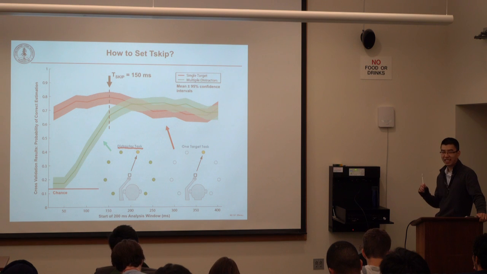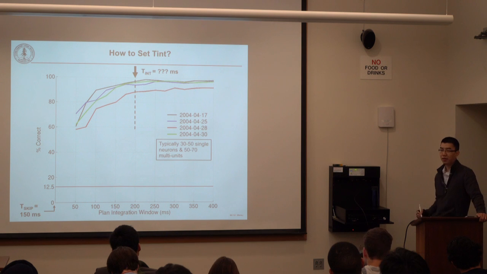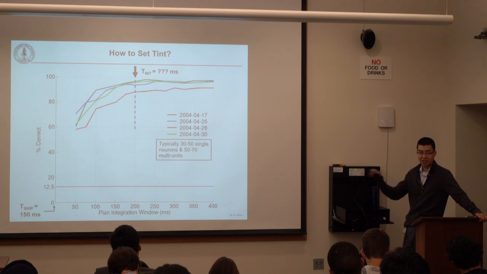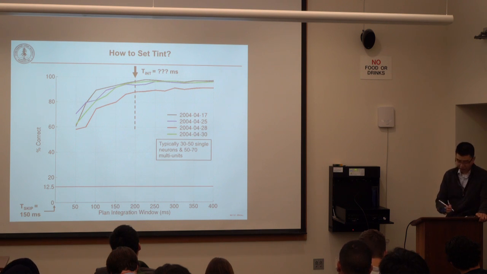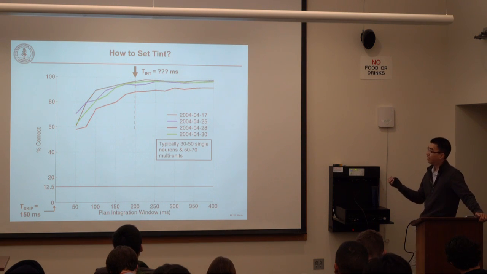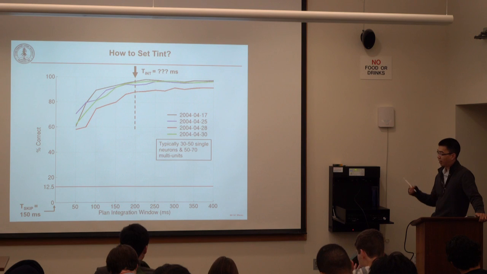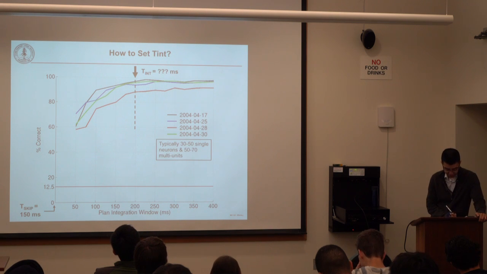Any questions on this slide? All right, now that we have t-skip set, which is just skipping the first 150 milliseconds of data because during that time the monkey has not yet formed a plan, now we can set t-int. This is a plot that you're actually going to make on your homework. What Gopal and Stephen then did, on an experimental day, is they swept this t-int here on the x-axis.